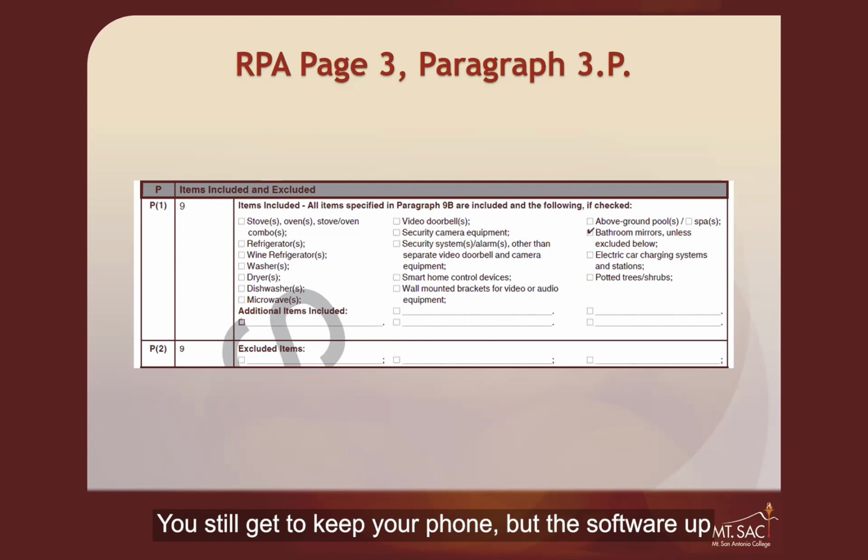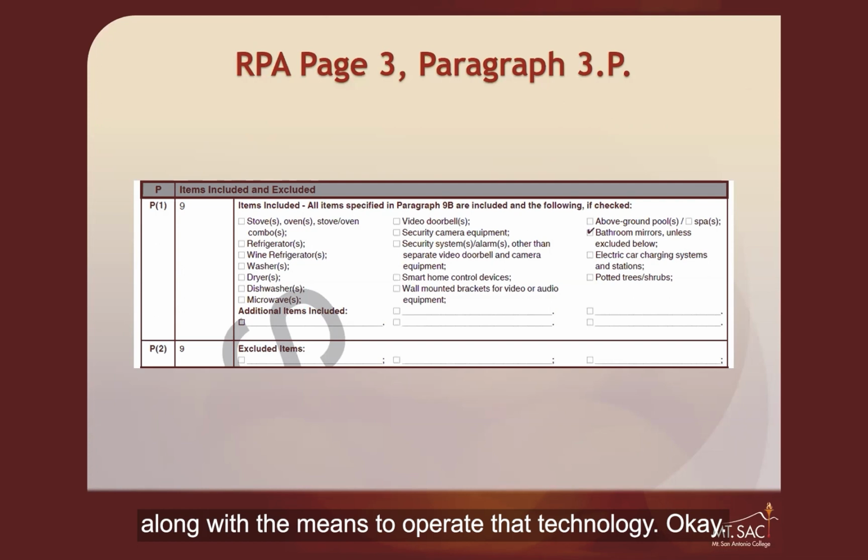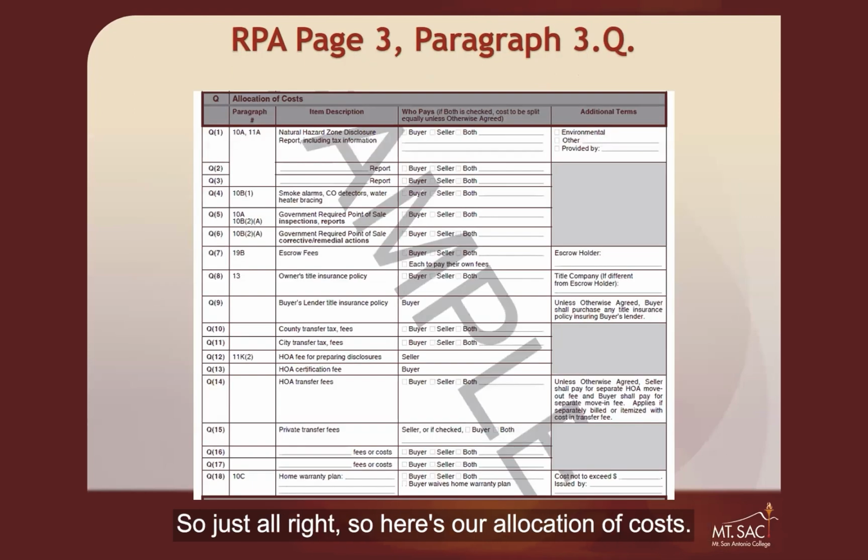But the software up in the cloud that makes the lights in your house turn on and the oven operate and the cameras on and that sort of stuff, that technology is being transferred to the buyer along with the means to operate that technology, okay? It's the same concept of the seller has to provide keys to the house to the buyer. The seller has to provide the tech, the passwords, the access to operate the house to the buyer, okay? So just FYI on that.